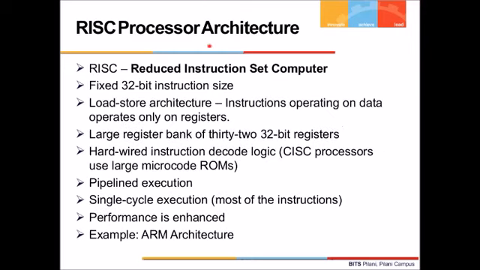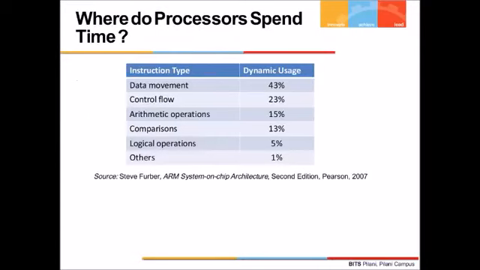For the RISC architecture, I have shown this particular table here. They measured which part of the processor is taking more time, so they tried to optimize it.